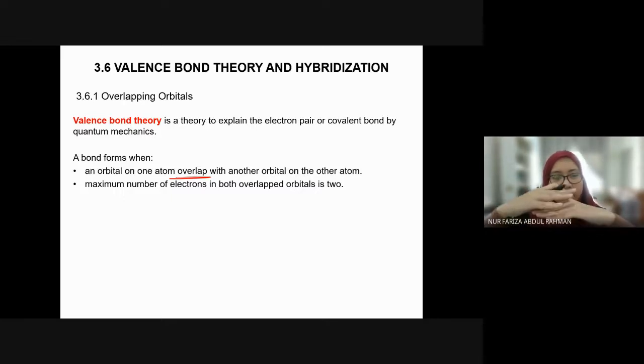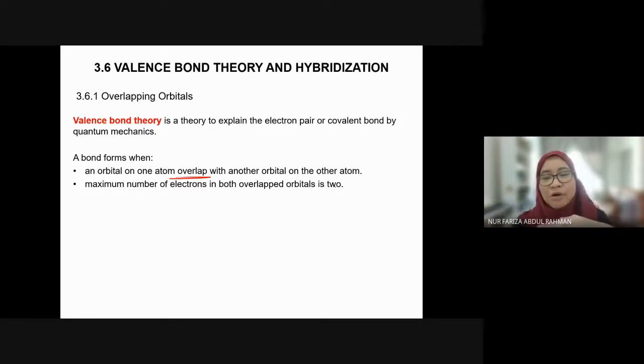The region where they overlap is where the bond forms. The electron, one from each atom. So at that region is the bond. It's actually the bond.